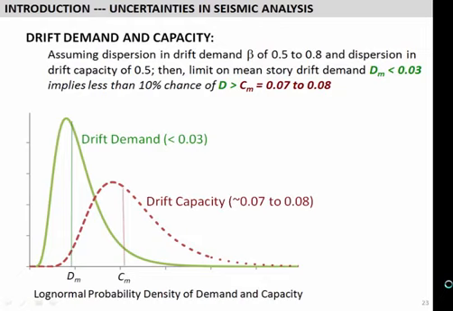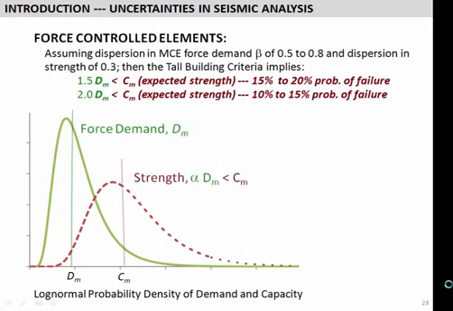So the values that we're seeing, 3%, are pretty modest levels of drift in terms of nonlinear behavior, but we're essentially protecting against much larger drifts than that, owing to the uncertainties that are not fully captured in our analyses.